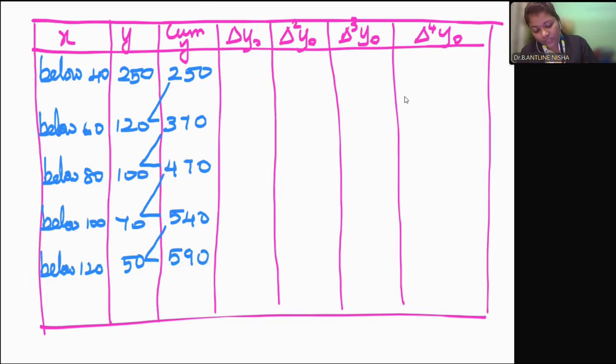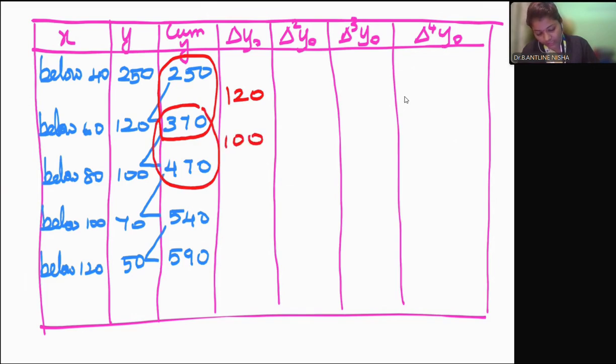Next we have to find the difference. 370 minus 250 is 120. Next 470 minus 370 is 100. Next 540 minus 470 is 70. 590 minus 540 is 50.